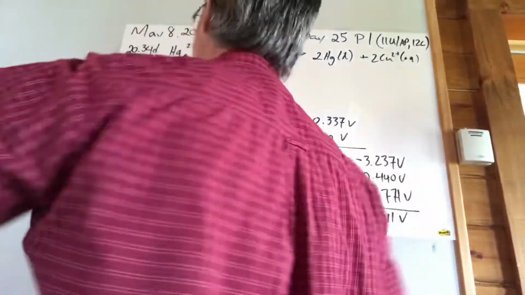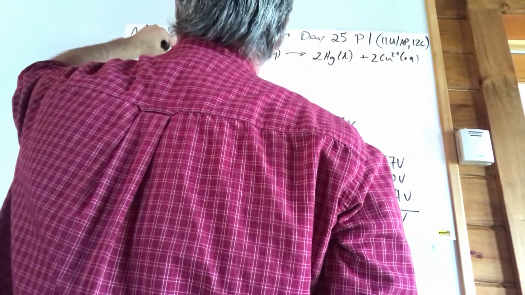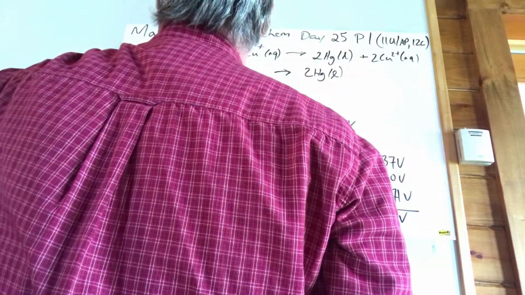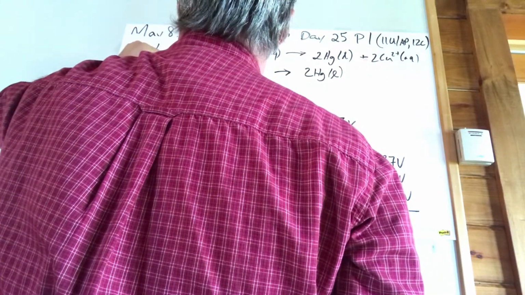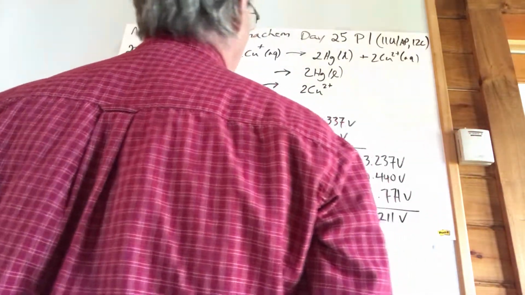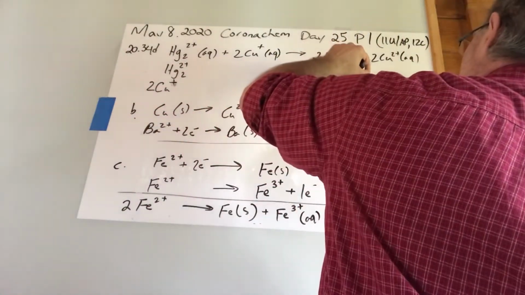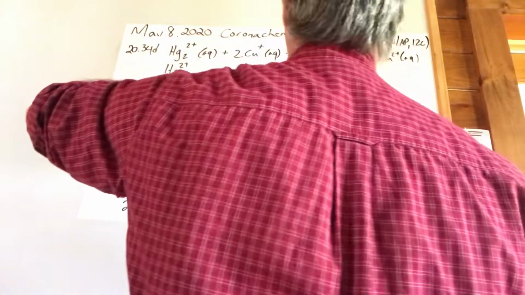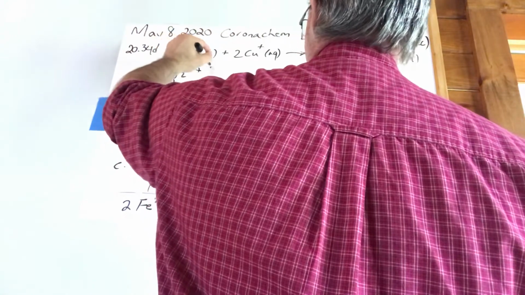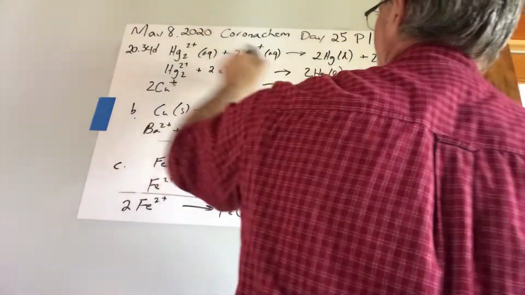So let's separate the half reactions, and then we'll look up the individual potentials. So we have the mercurous cation turning into elemental mercury, and we have cuprous turning into cupric, two in that case. This is going to require that two electrons are here, and on this one, two electrons have to be added. Okay, so those two reactions add up to that.